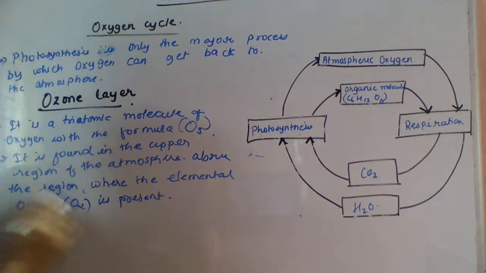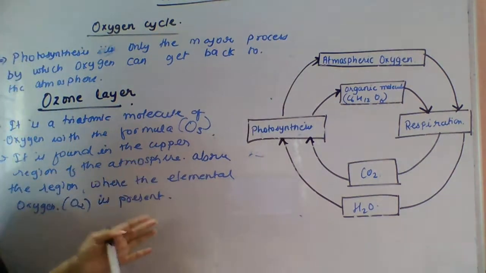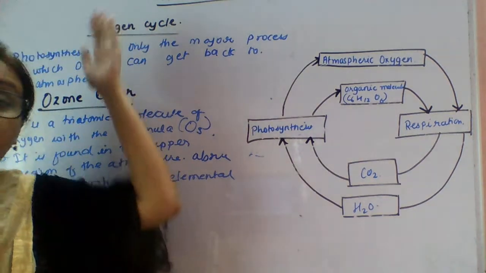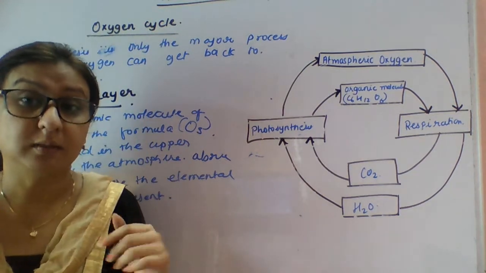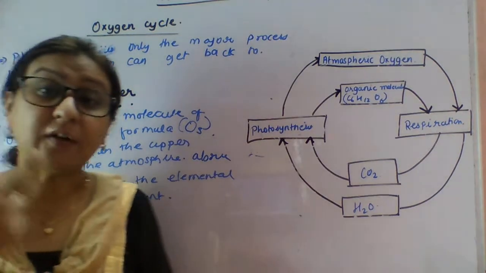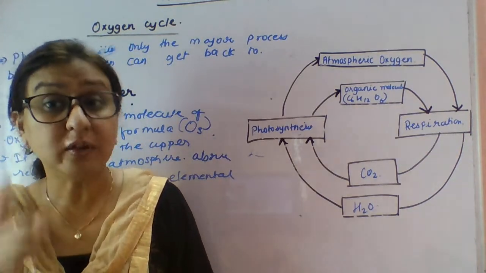Ozone as such is poisonous, but it is present in the upper layer. Obviously, it is not stable near the earth's surface. It is present in the upper layer, that's why it's not harmful to us. This is a triatomic molecule, so the formula of ozone is O3.